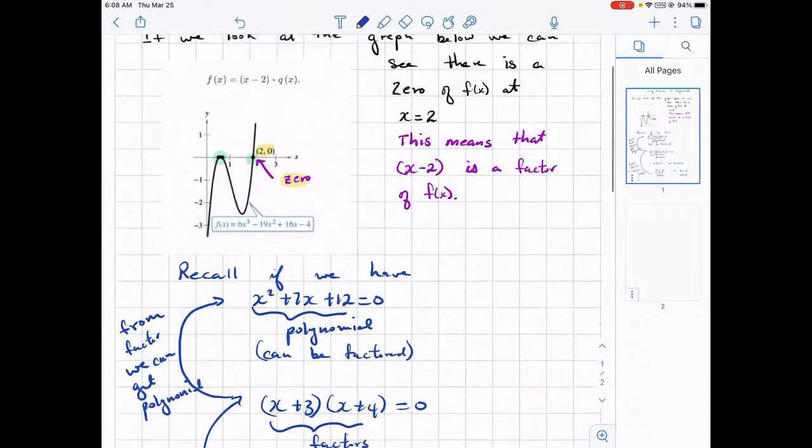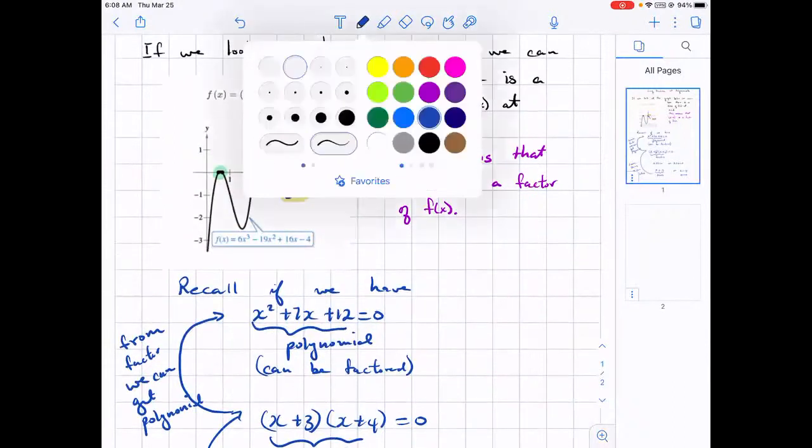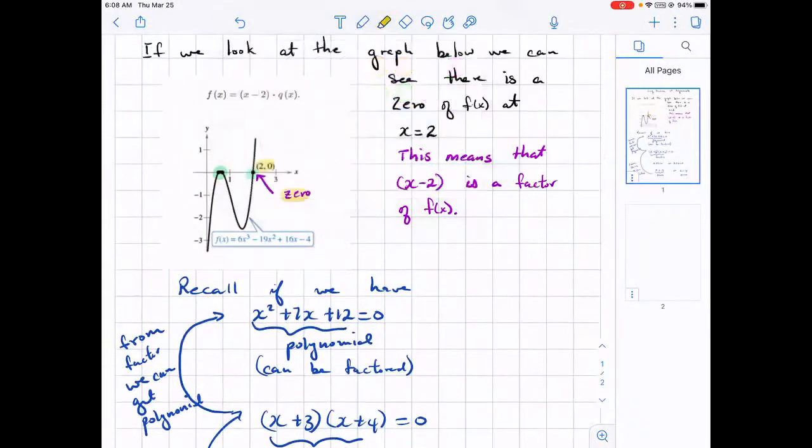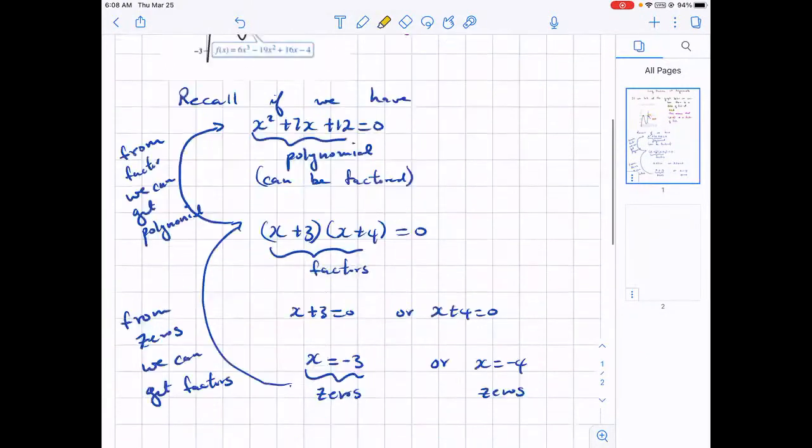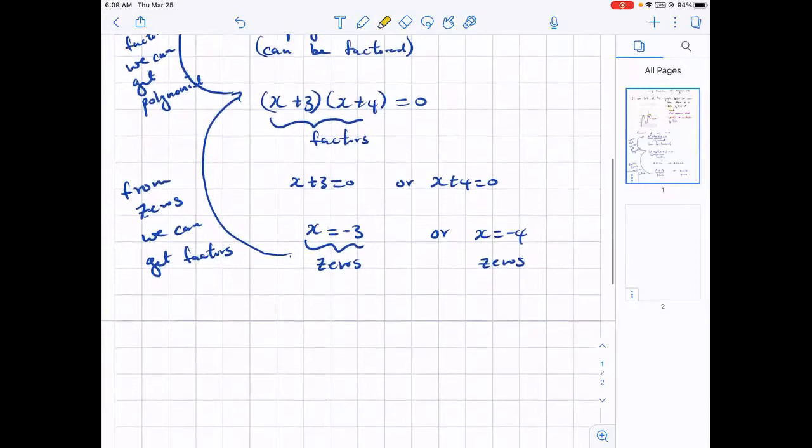So that's why I'm saying here that if you have a zero at x equals 2, then x minus 2 is a factor. And that's the whole idea that we just went through there.